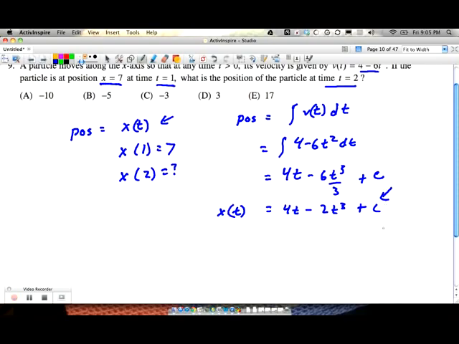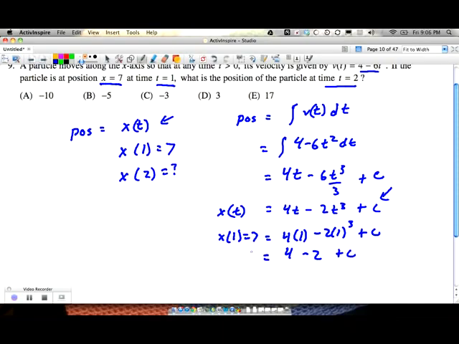But we need to figure out what this c is, because we need to plug in 2 and figure that out. But I know if I plug in 1, x of 1 equals 7. So that means plug in 1 for the t. So it's going to be 4 times 1 minus 2 times 1 cubed, plus c. Well, 4 times 1 is 4. 2 times 1 cubed is just 2.